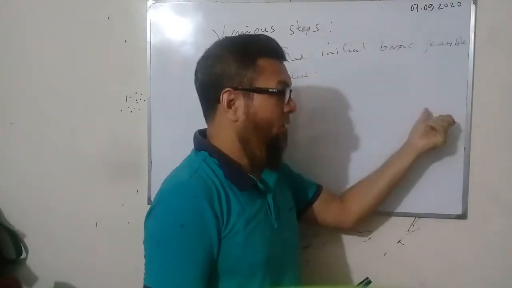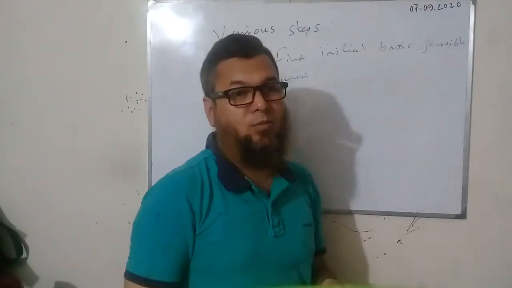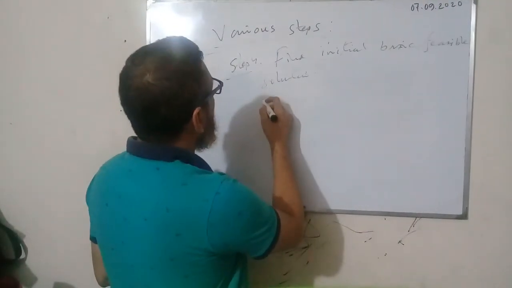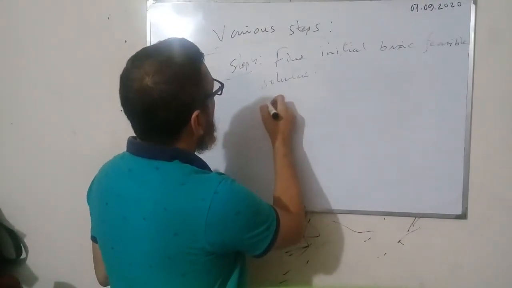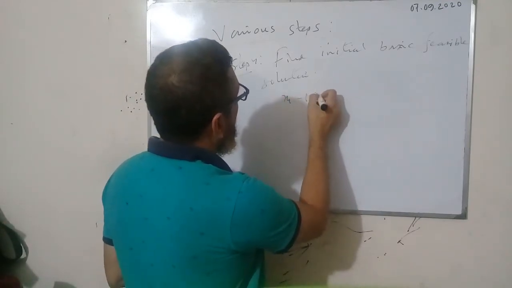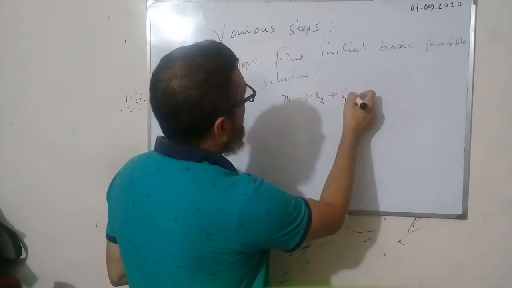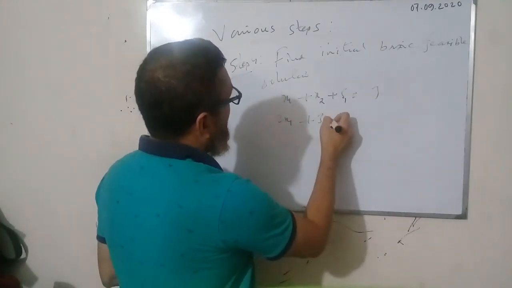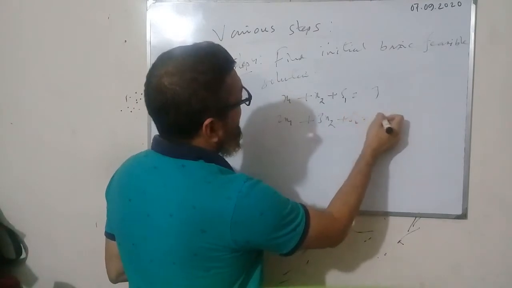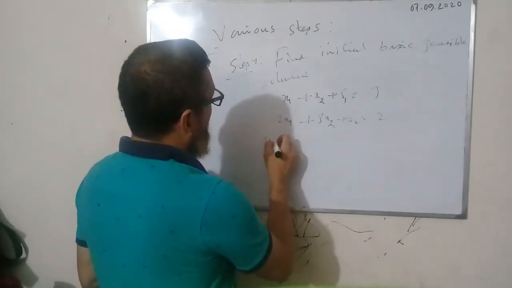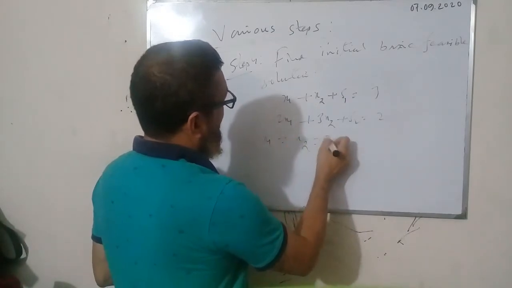For example, if our constraints are x1 + x2 + s1 = 3 and 2x1 + 3x2 + s2 = 2, then we set all the main variables equal to 0.